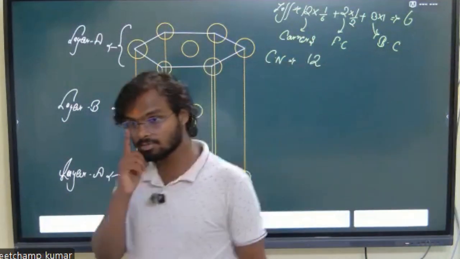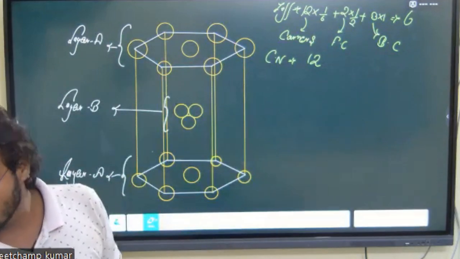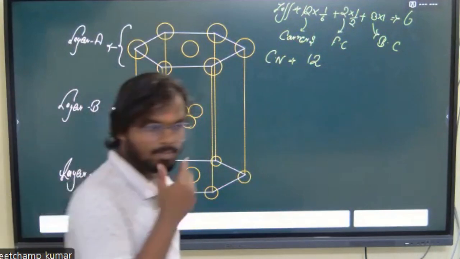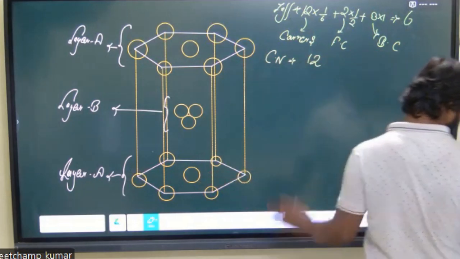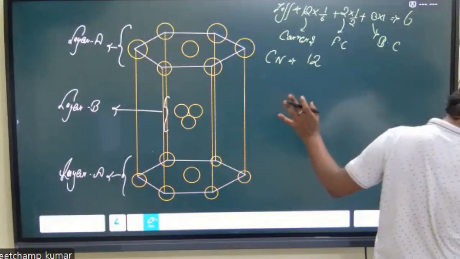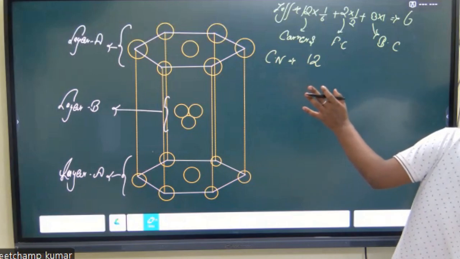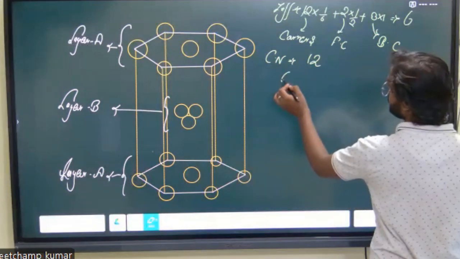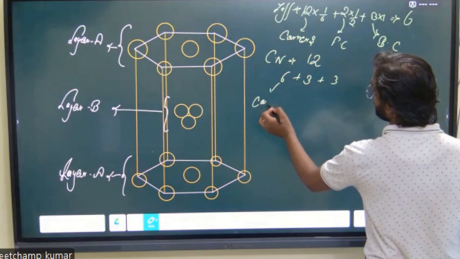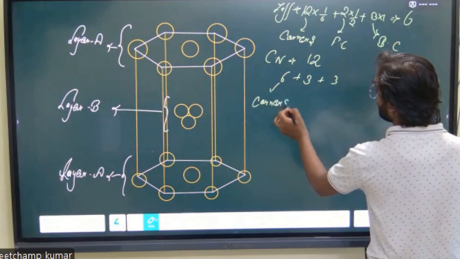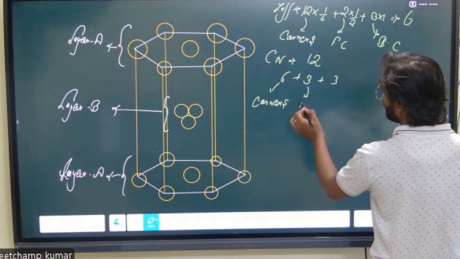So the total atoms will be 12. The total number of atoms touching one atom is 12. Clear? Let me write this also: 6 plus 3 plus 3. Basically 6 is corner atoms, and 3 atoms are body center.